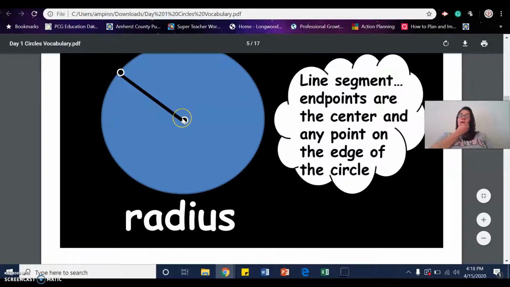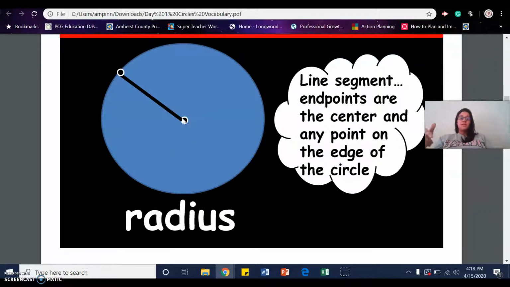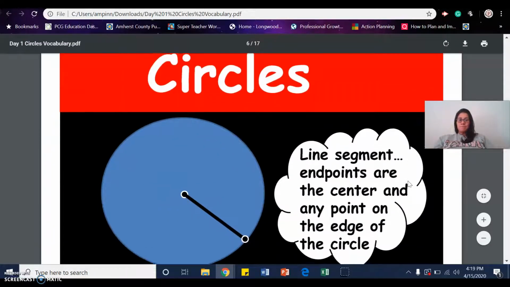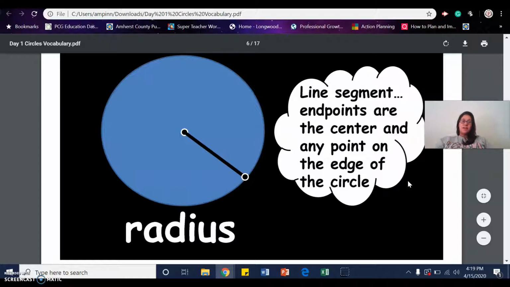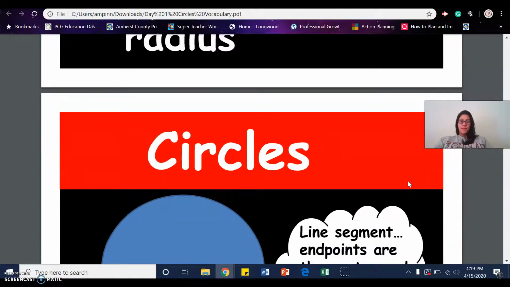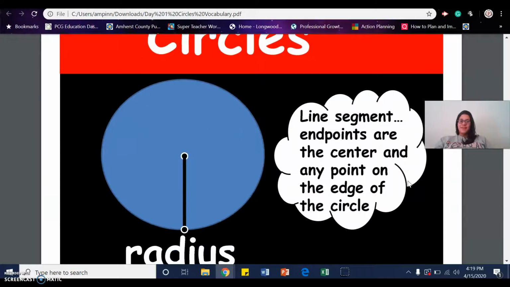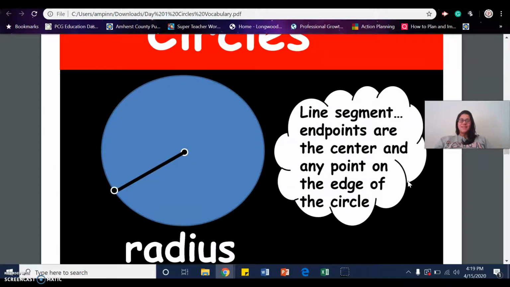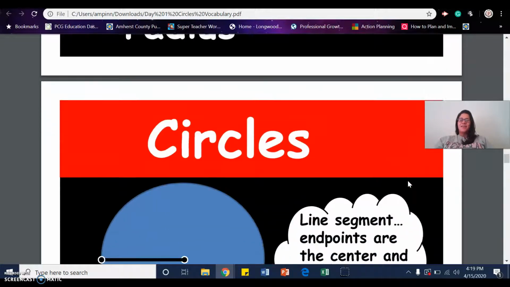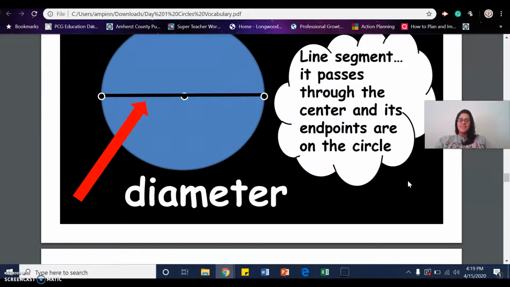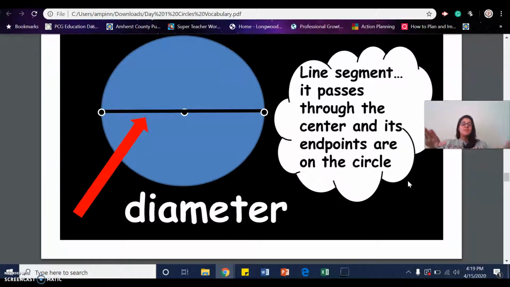So a radius just starts in the center and goes to the edge. And there's another example. Another example. And another example. So you see that it can go all around the circle as long as it goes from the center to the edge.